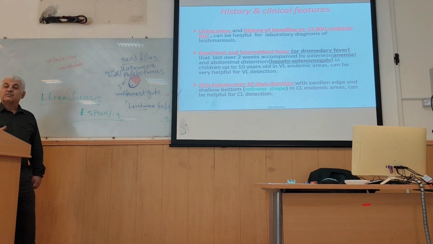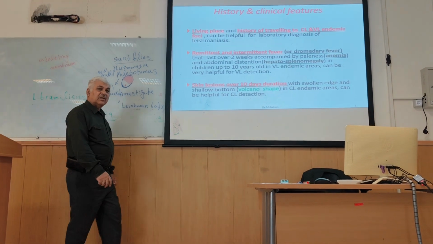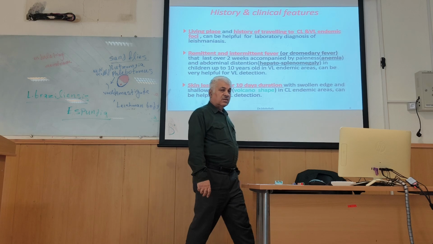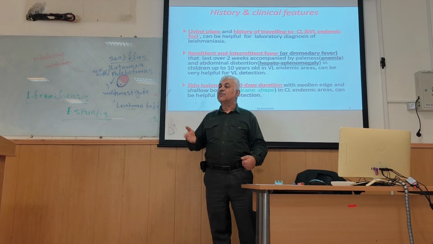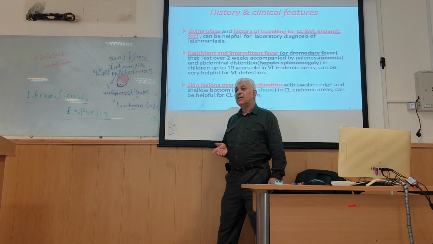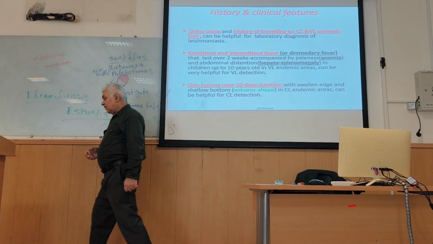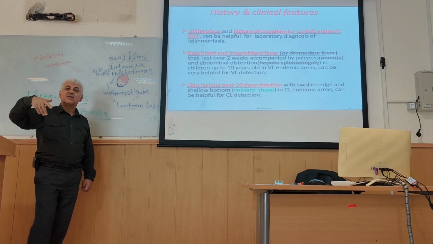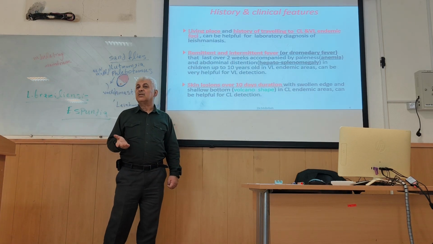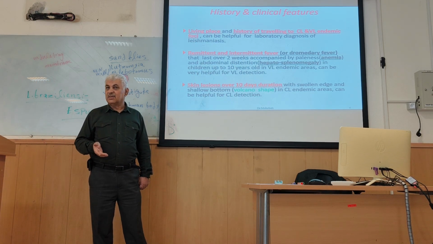Different regions are endemic for cutaneous leishmaniasis or for visceral leishmaniasis. For example, if a patient has a history of travel to northwest Iran, that is an endemic area for visceral leishmaniasis.